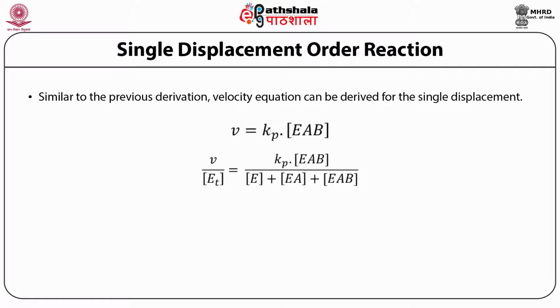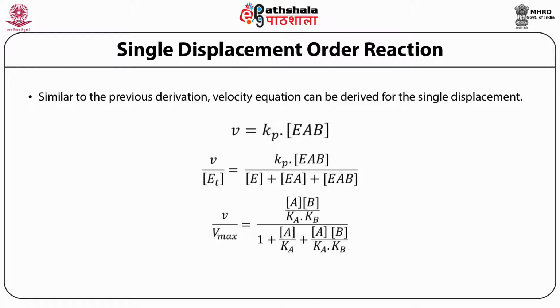If you compare this single displacement reaction with the random displacement reaction, you will find that here we don't have EB, because here the order is fixed. So once the first substrate binds, then the second substrate binds. That's why you never have free EB formation. It is always A that combines first, so we'll have EA complex, and once the second substrate combines to the EA complex, we will have EAB.